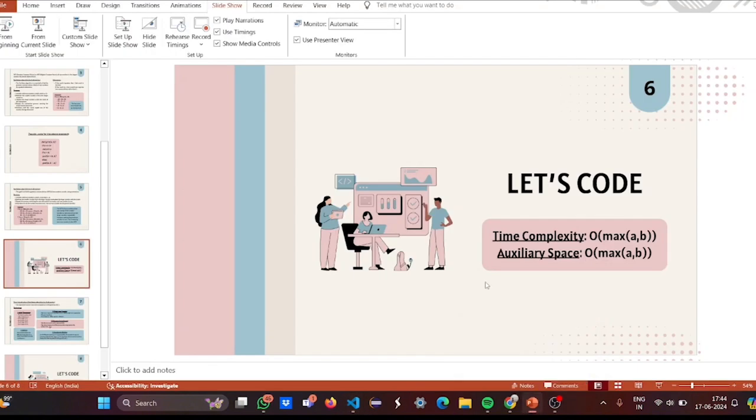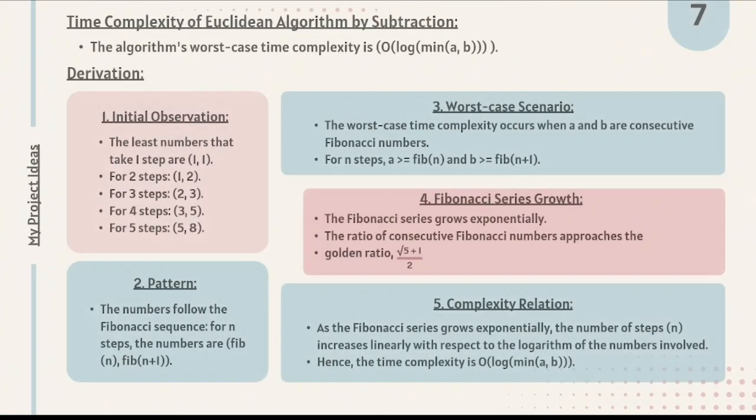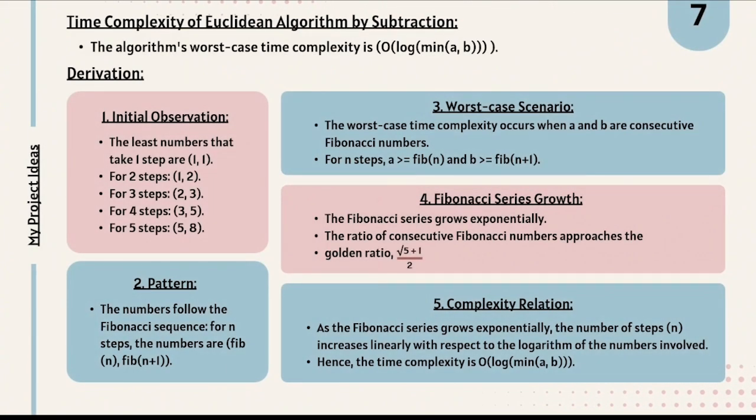Now let's move to the next section. I hope you wrote the code yourself and you came and checked it. Now what we have done is the algorithm's worst case time complexity is big O of log of min of A and B. So let's see how we get the optimized time complexity here.